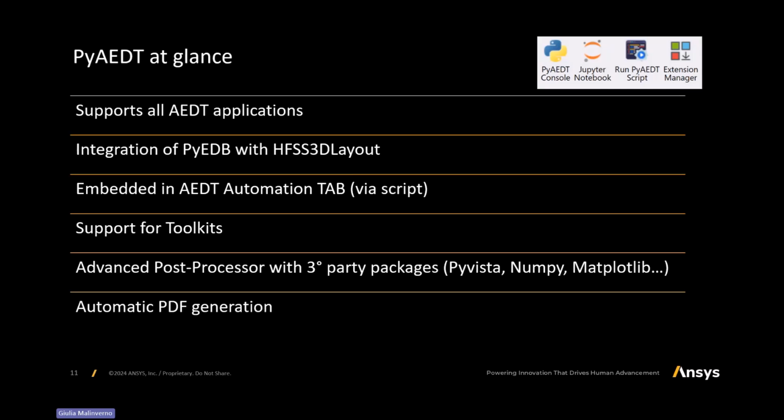Right now, we have two available toolkits, one for high frequency application to design antenna, and one for low frequency application to segment and skew electric motors. There's the possibility to access advanced post-processing with third-party libraries such as PyVista, NumPy, Matplotlib, and we also have the automatic PDF report generation.